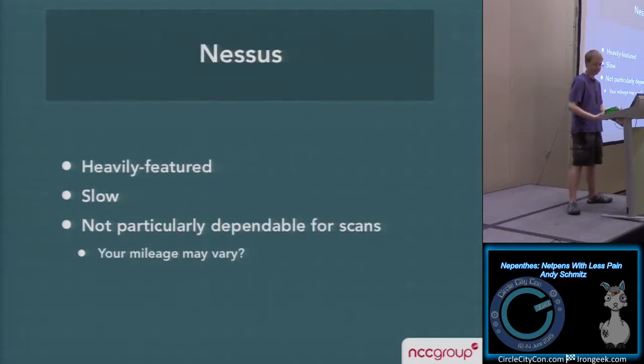Nessus is nice, has lots of features, has lots of plugins. That's kind of, as far as I'm concerned, the main benefit of Nessus, that you don't have to write plugins for each of these things or tools or whatever. Tenable does a pretty good job of getting out updates to it when there's some new thing that you can check for remotely. There will be a plugin in Nessus in not all too long.